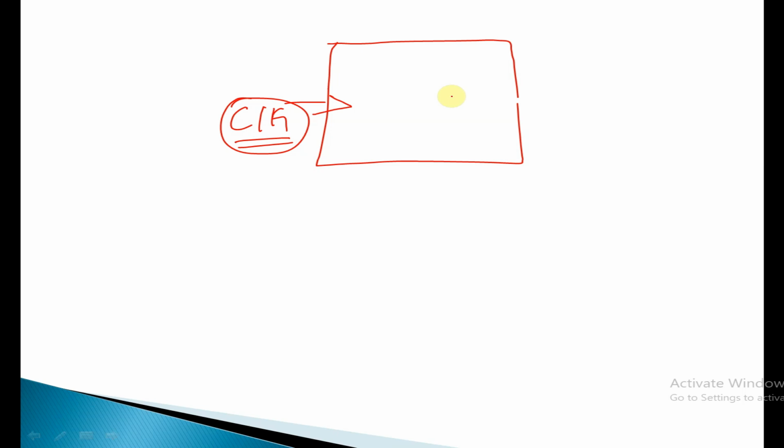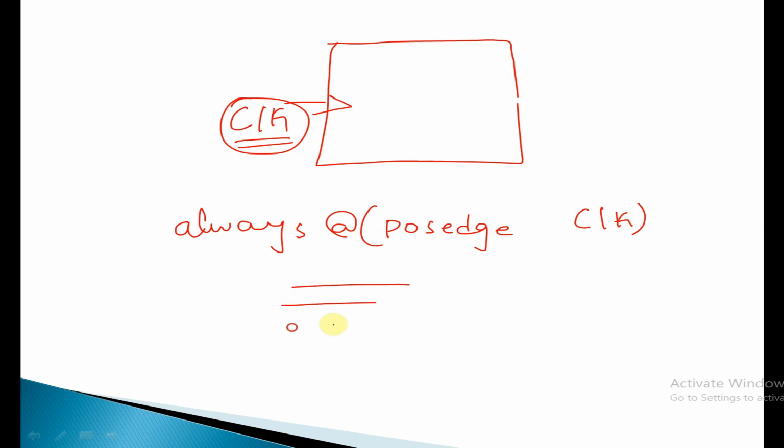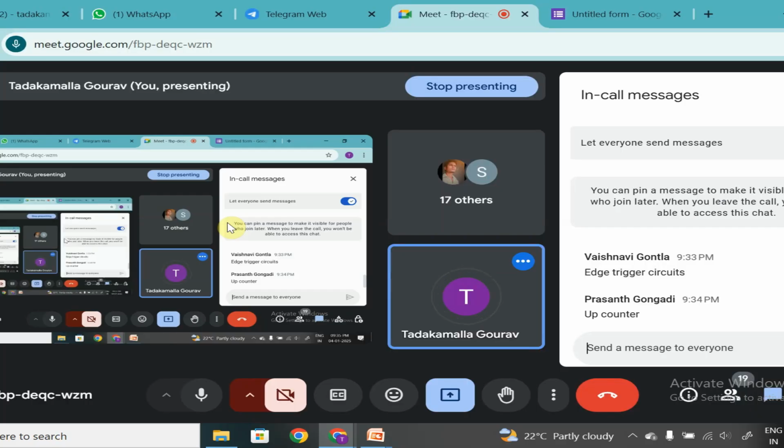To model this type of design, we can use an always block followed by the sensitivity list, that is posedge of clock, and this design will work only on the positive edges of the clock. That is, the always block will only be triggered at the positive edges of the clock. Is it clear?